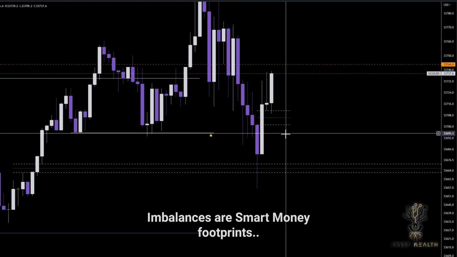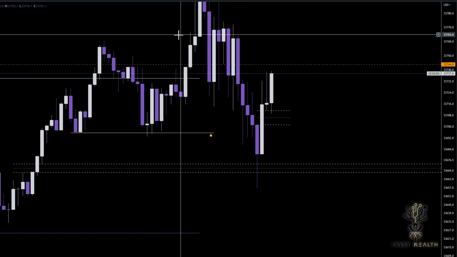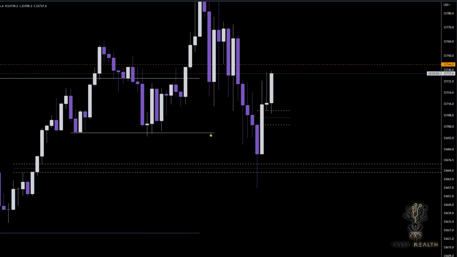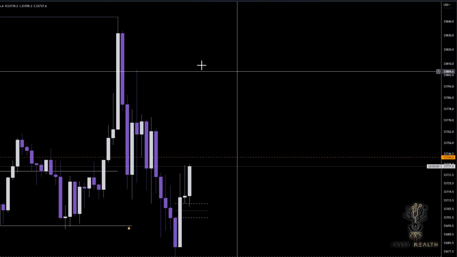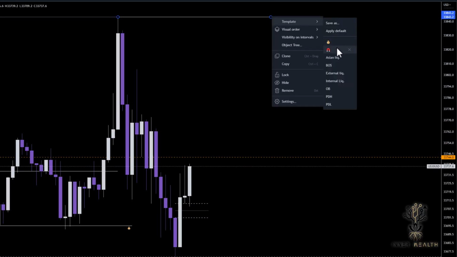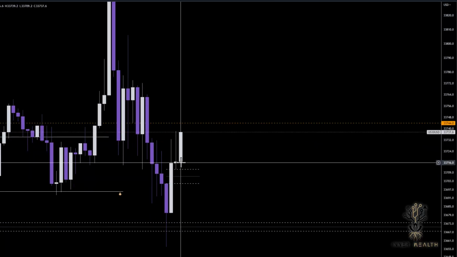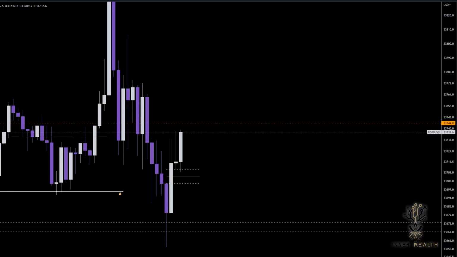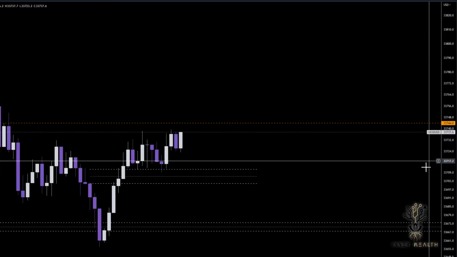Notice how we're able to tell directional bias prior to any breaker structure. Why? Because of imbalances. You just follow the money, right? So you have this current high range here, have that imbalance here on the 1 minute.